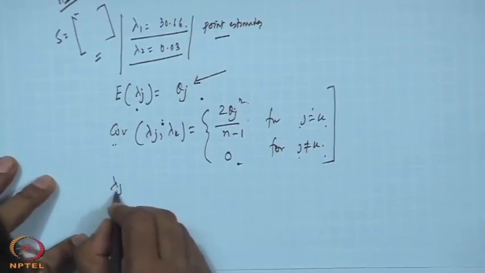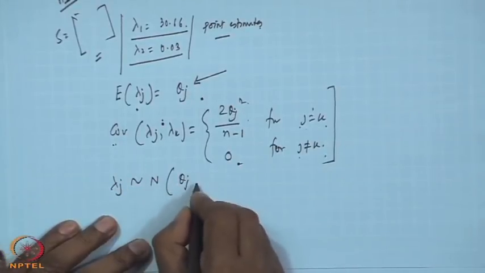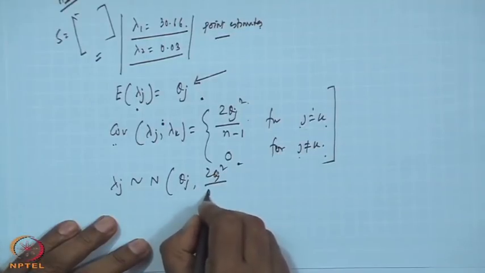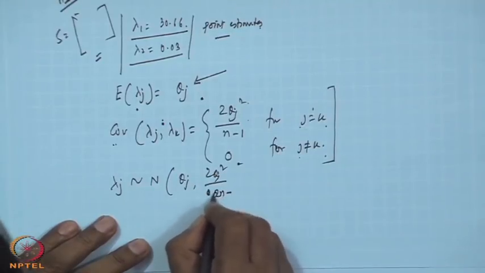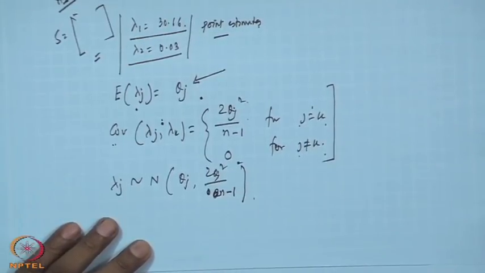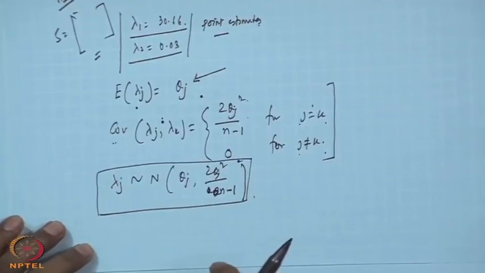Now, we can assume that this will follow a normal distribution with mean theta j and variance 2 theta j square by n minus 1. That means you know the distribution.